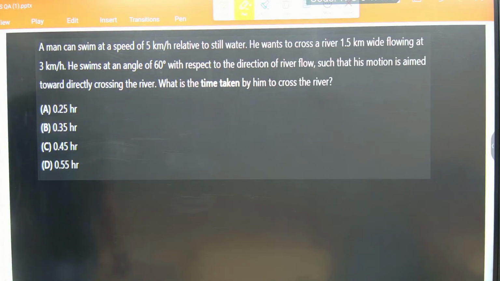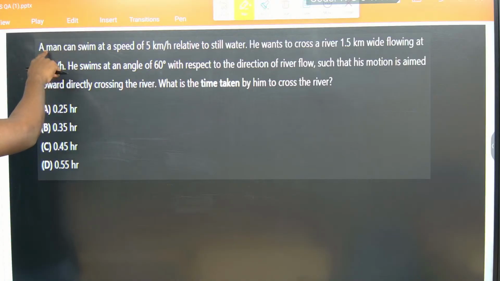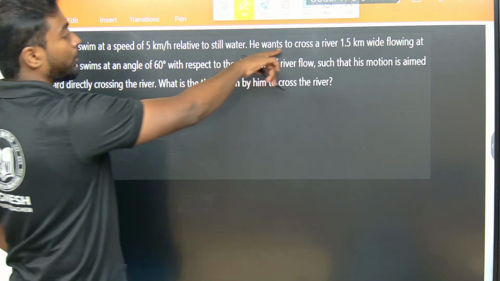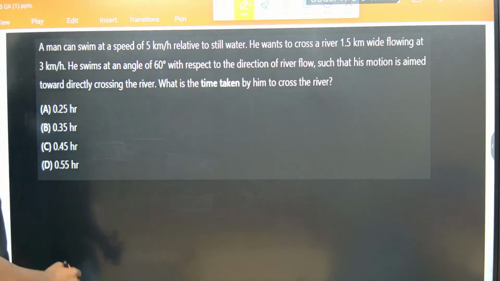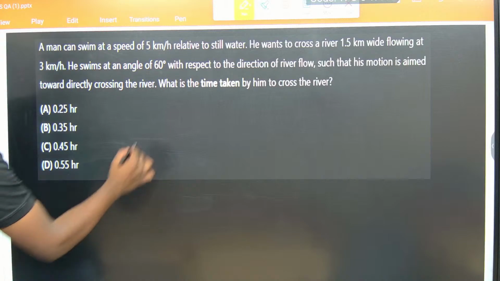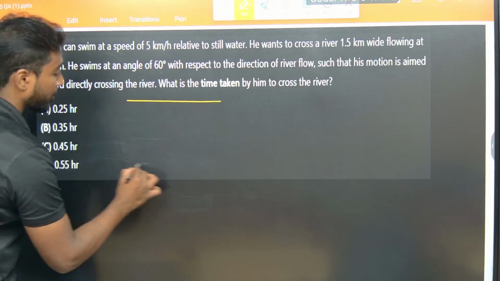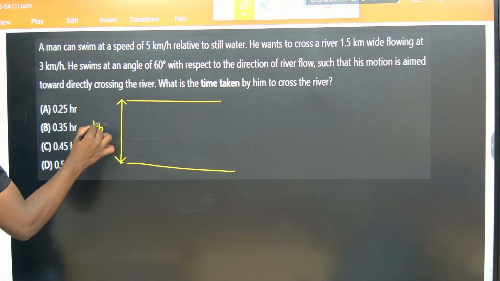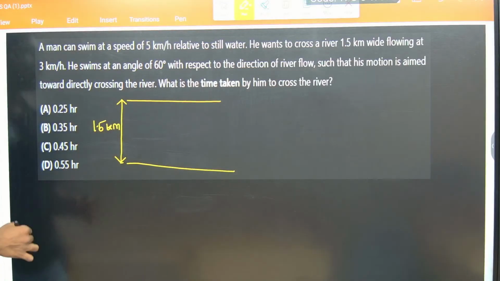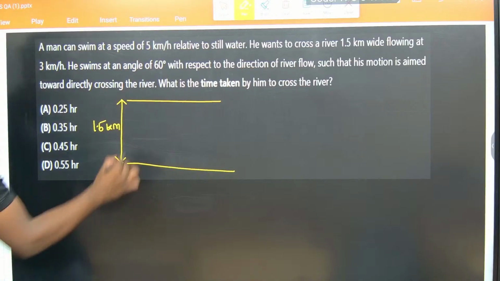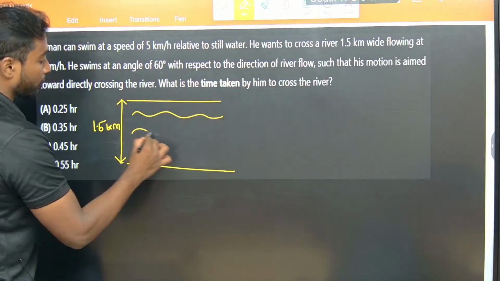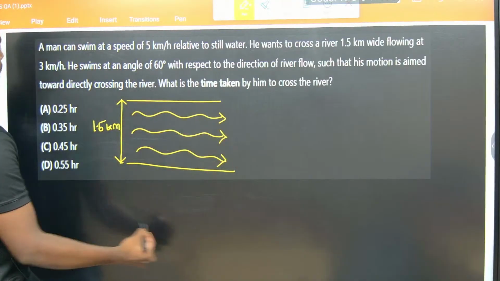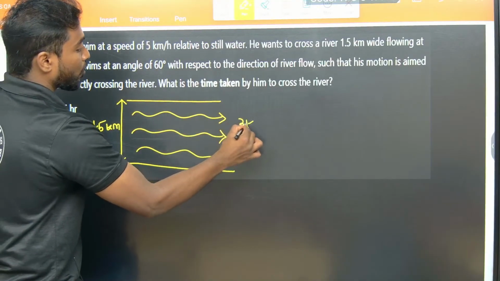So what is the given thing? A man can swim at a speed of 5 km/h, so I'll keep that as it is. He wants to cross the river, which is 1.5 km wide. So let me draw that. This is the river, which has a width of 1.5 km, with water flowing at 3 kilometer per hour.